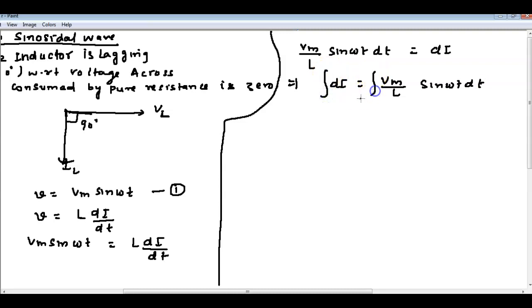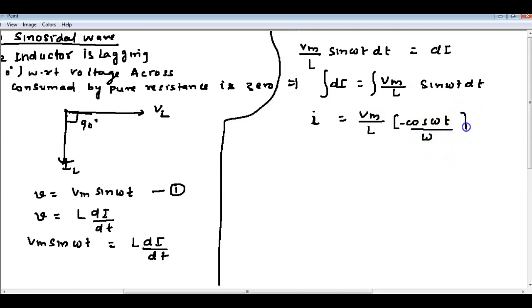This one you will integrate. So I is equal to Vm by L as it is, because this is constant, and the integration of sine is minus cos of omega t divided by omega.